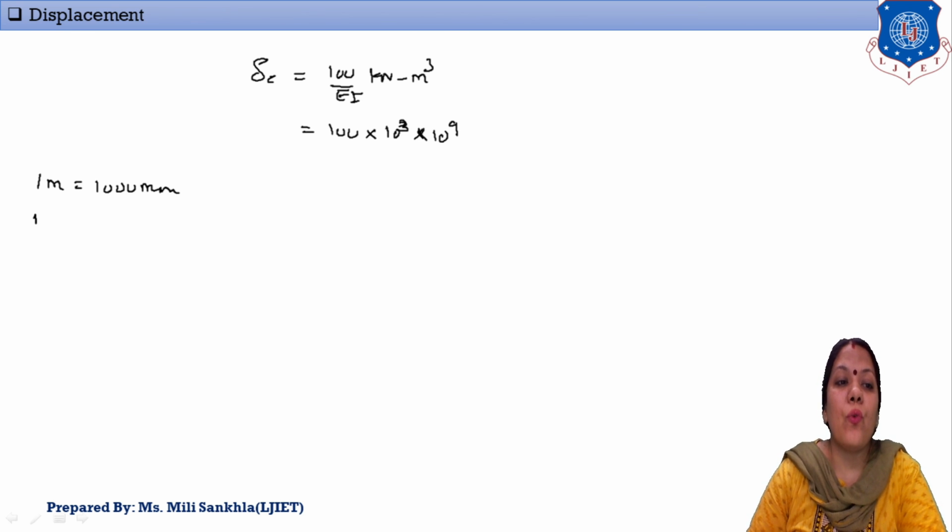So 1 meter cube is equal to 10 raised to 9 mm.